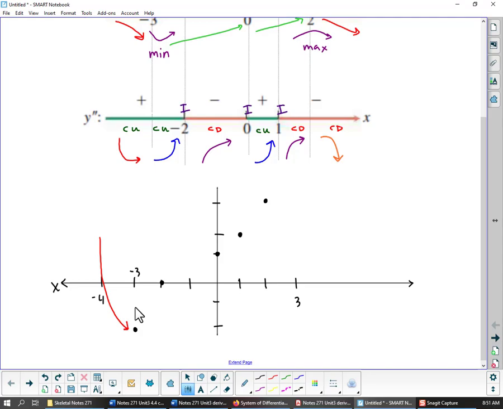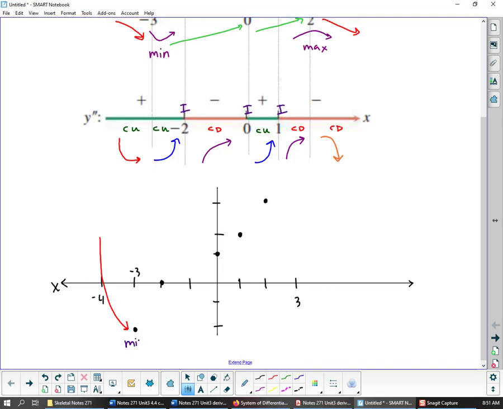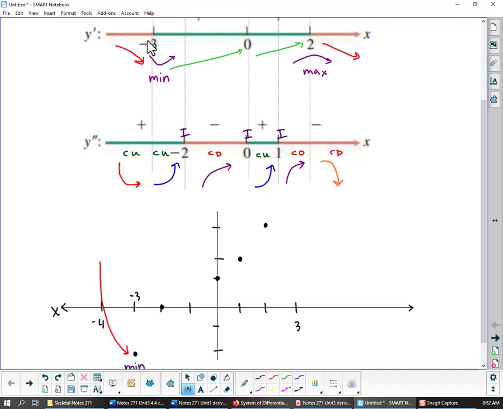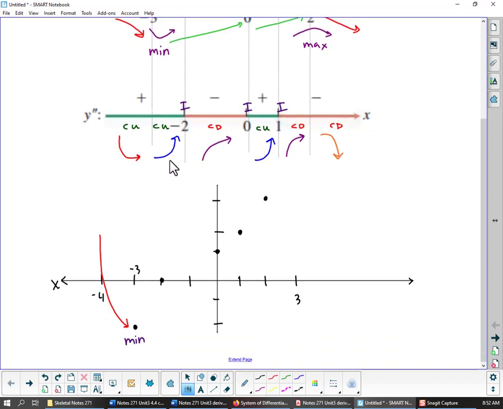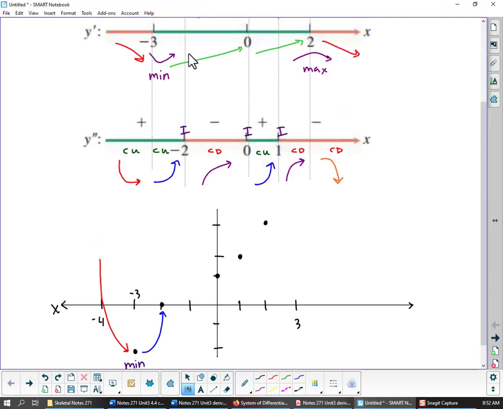We just know the graph is going down and approaching that point. And when we reach that point, that's going to represent some sort of minimum, and the graph is going to have to turn around. So once we reached -3, we hit that minimum, the graph turns around and we're concave up, increasing until we get to our point at -2. So concave up, increasing at x equals -2 right here.